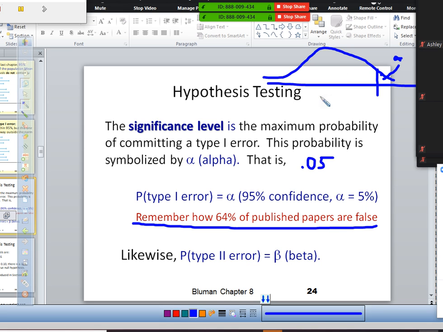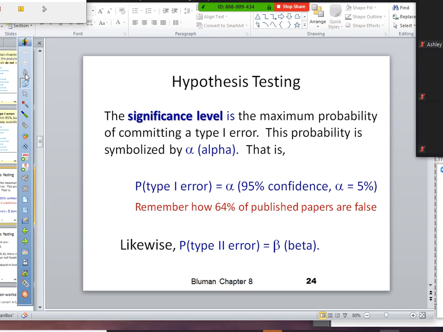But the more likely I make one of these errors, because my guideline for passing the test for being unusual becomes harder and harder. So maybe normally my sample would be here, and I'd say, oh, it's not unusual. You have to be over here to be unusual. So I wouldn't reject H0 when I really should. It's a matter of not having enough proof. I don't have enough evidence. So it's sort of the level of evidence you set for it.